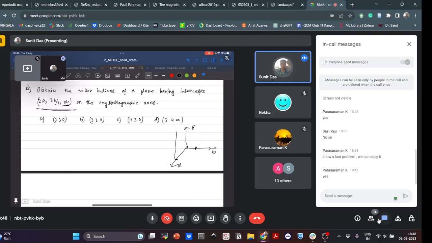So the plane is somewhat like this one, basically parallel to the C axis. Just try to find out and then I will solve.